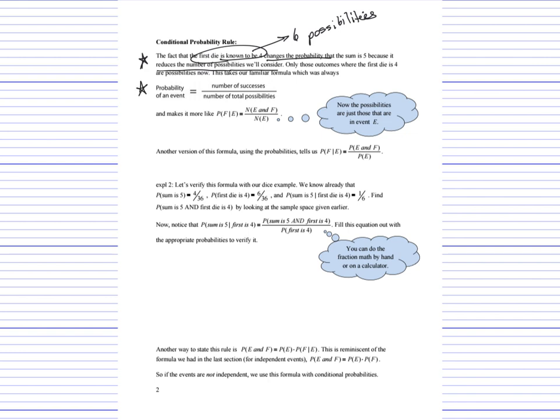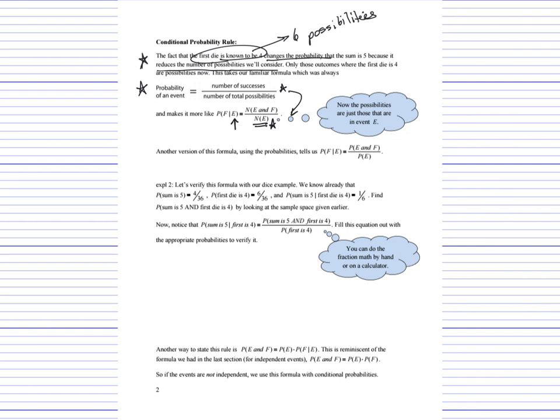And so our familiar probability of an event being the number of successes over the number of possibilities really becomes: the number of possibilities are the number of outcomes that are in event E, the thing that's been given, right?